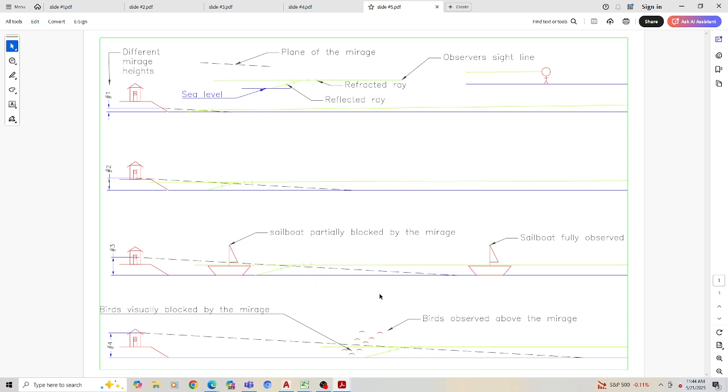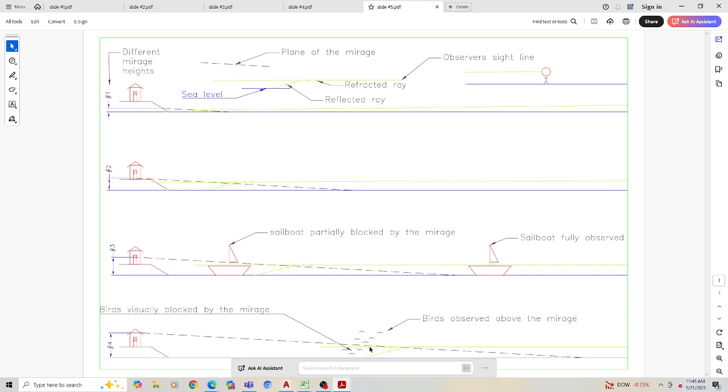Now, Travis has put forth observations of birds that are flying and disappear into the mirage. Again, these birds, based on this observer's line of sight, are above the incident where whatever is being created and broadcast in front, closer from the waterline, closer to the observer, will produce visual information, refracted visual information, that will overwrite any of the frequencies of the visual information from the birds that have descended below that line.